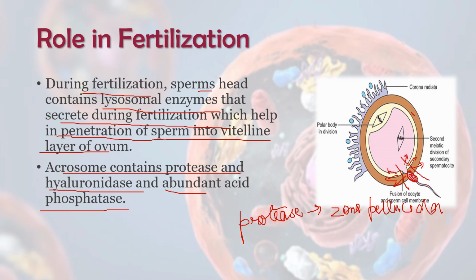So there is the creation of a channel or pore from where the sperm nucleus penetrates into the oocyte.